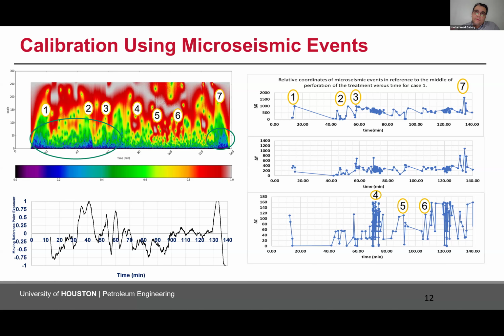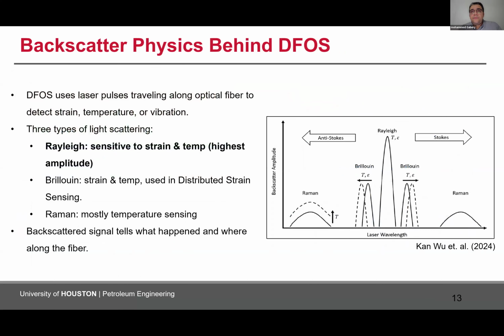So this is the large scale calibration for our technology, and we need to introduce another technology to calibrate on a small scale to see the details of the hydraulic fracturing propagation. So we went to the technology of distributed fiber optic sensing, which uses laser pulses that travel along the optical fiber to detect strain, temperature, and vibration.